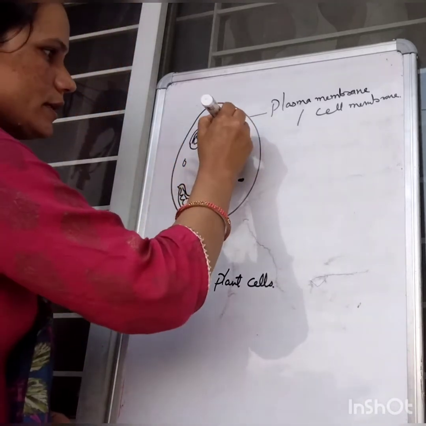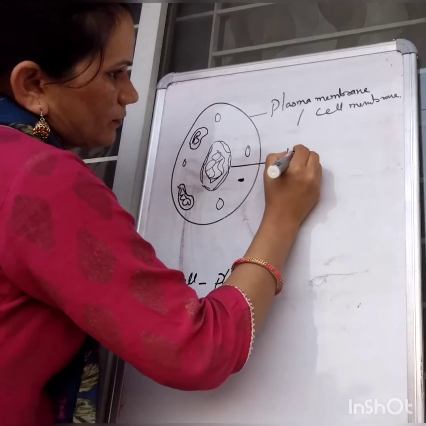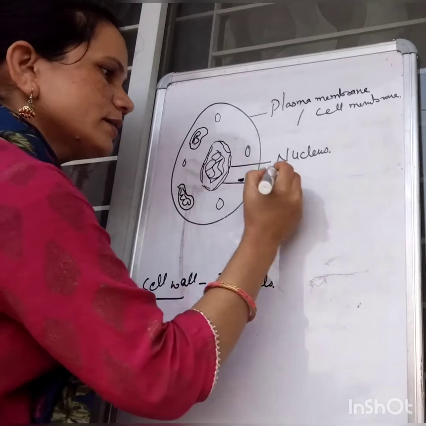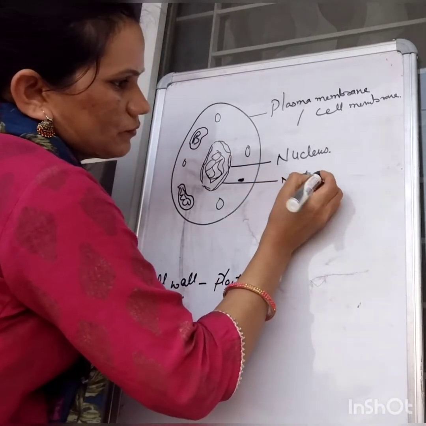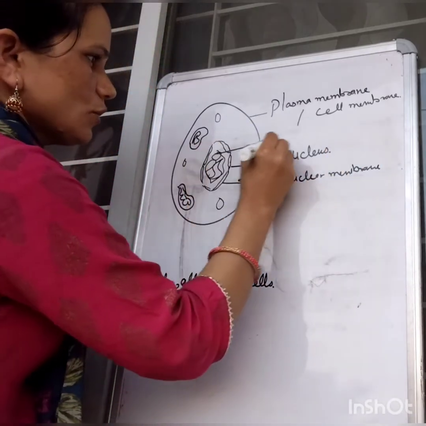Next is our nucleus. This is our nuclear membrane. This is chromatin.